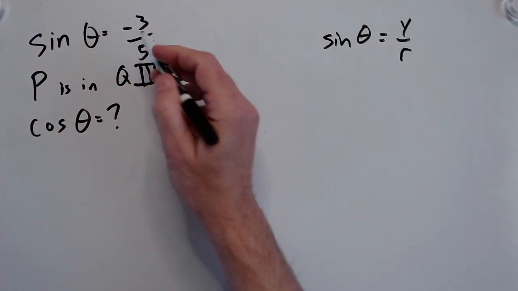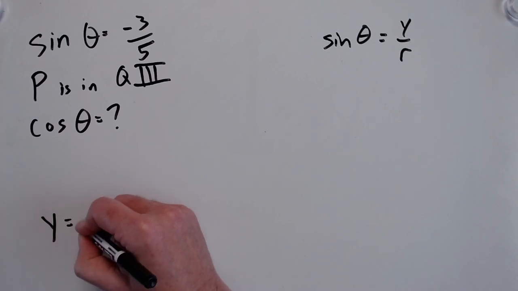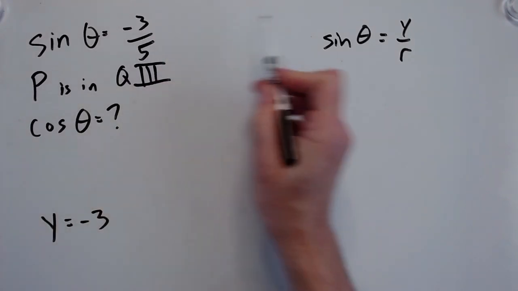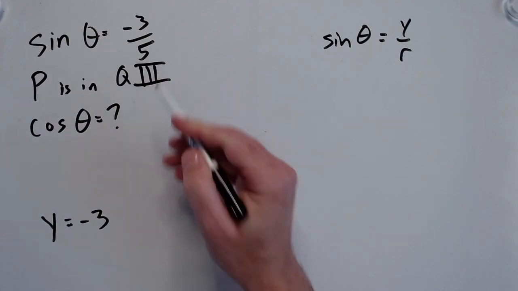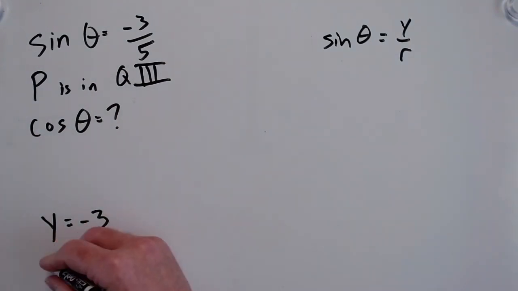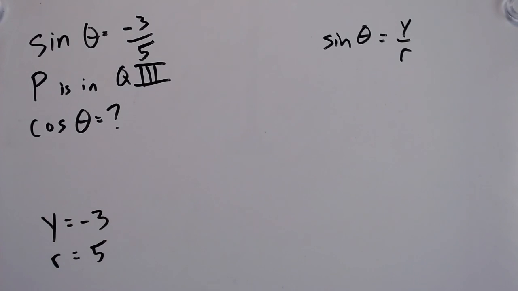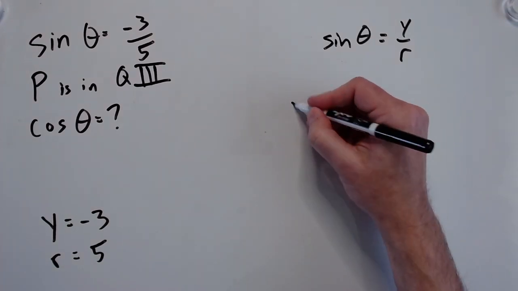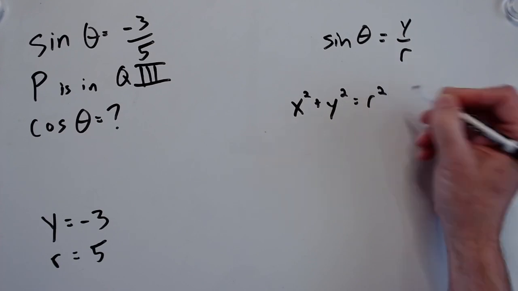So we already know that, we'll jot it down here, y equals -3. We already have one piece of the puzzle, and we've been given r. R is 5. We also know that x squared plus y squared equals r squared.